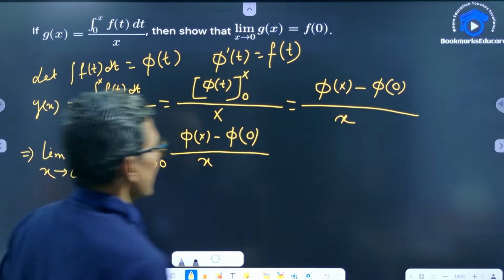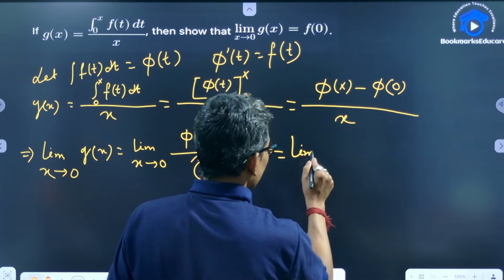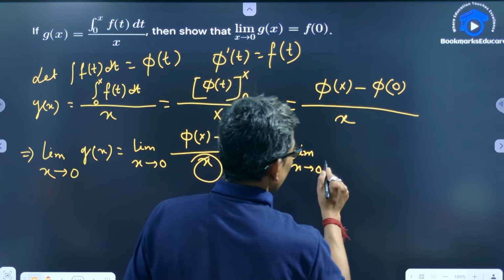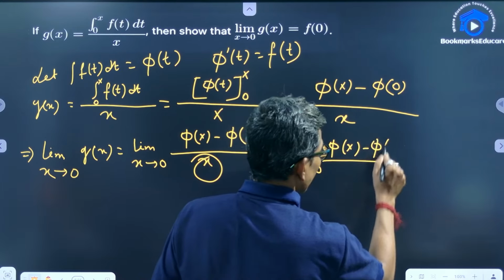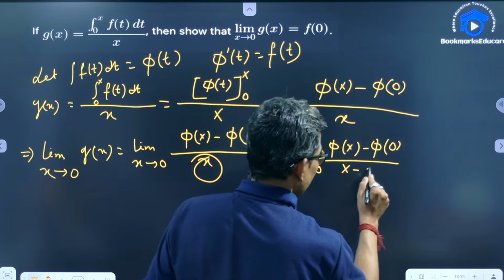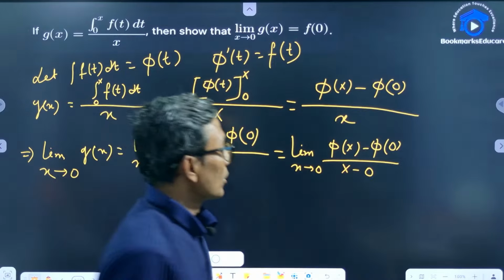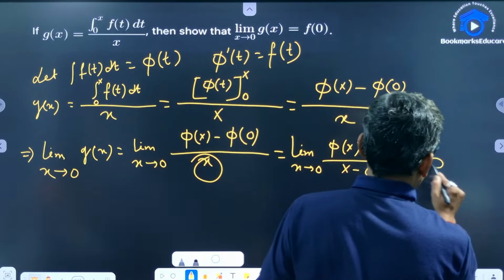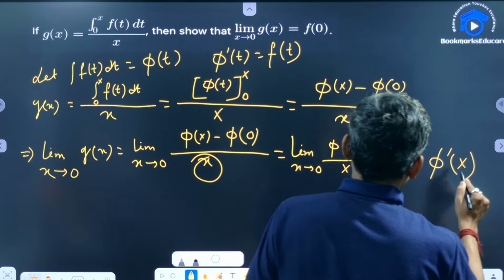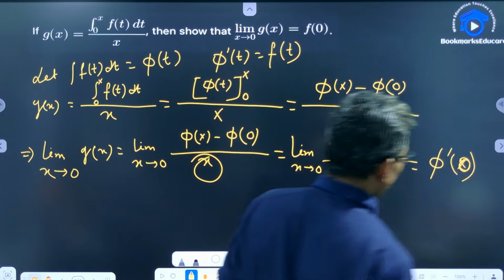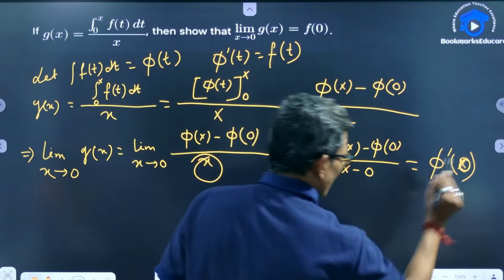So x can be written as limit x tends to 0 phi of x minus phi of 0 by x minus 0. This is the first principle of differentiation. So instead of this we can write phi dash 0. Clear? So phi dash 0.